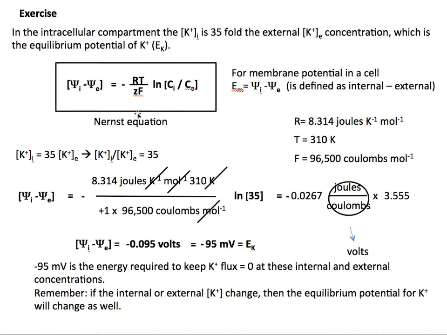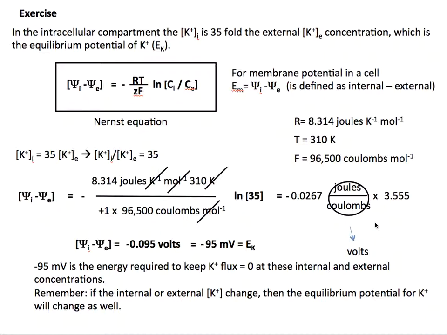It's really important. So you do negative RT over ZF times ln of 35, and you will see that the units you end up with are going to be joules per coulomb, and that's equivalent to volts. So if you do all the algebra, you get negative 0.095, and that's equivalent to negative 95 millivolts.